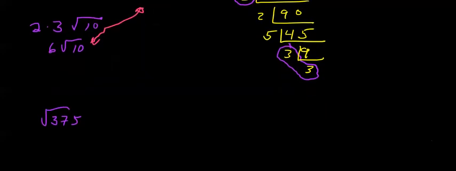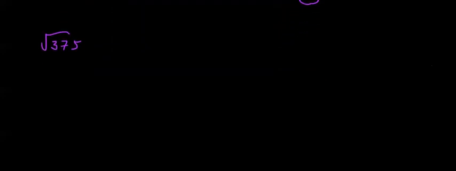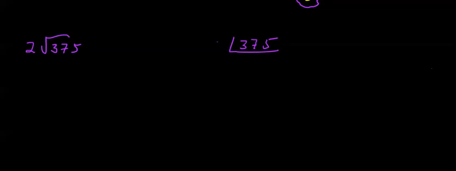All right. Now let's look at our last example, which is 2 times the square root of 375. So we're going to break up 375. Because it ends in a 5, I'm going to divide by 5, and I get 125.